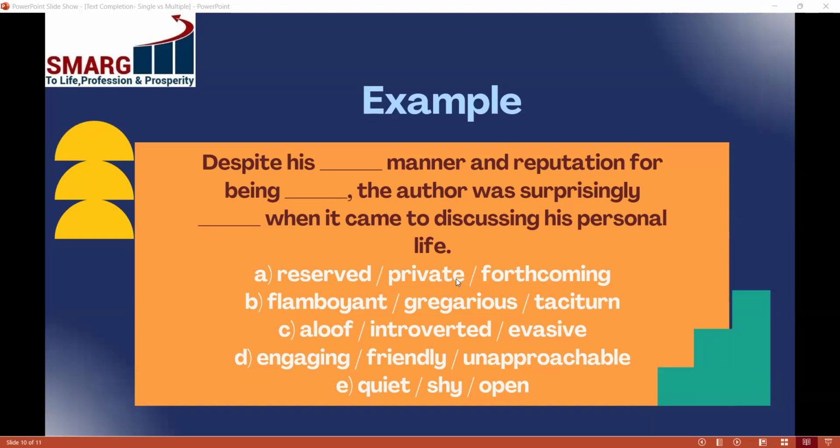So we have to look for words that fall parallelly, perfectly into the structure. Hence, reserved, private, and forthcoming end up being more suited, or the perfect words, for this entire sentence.